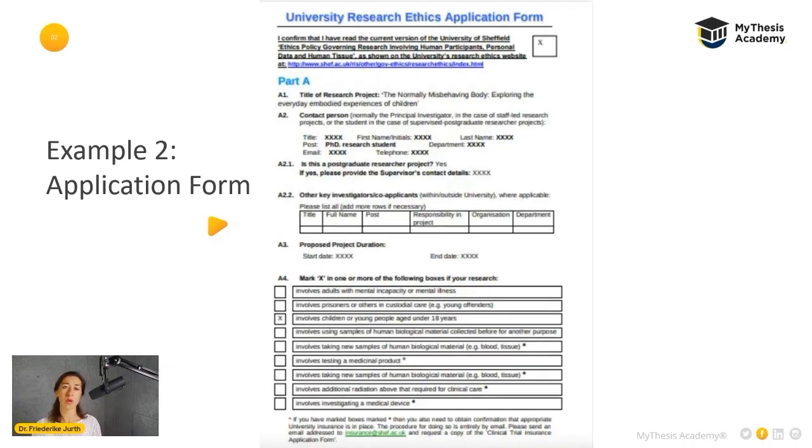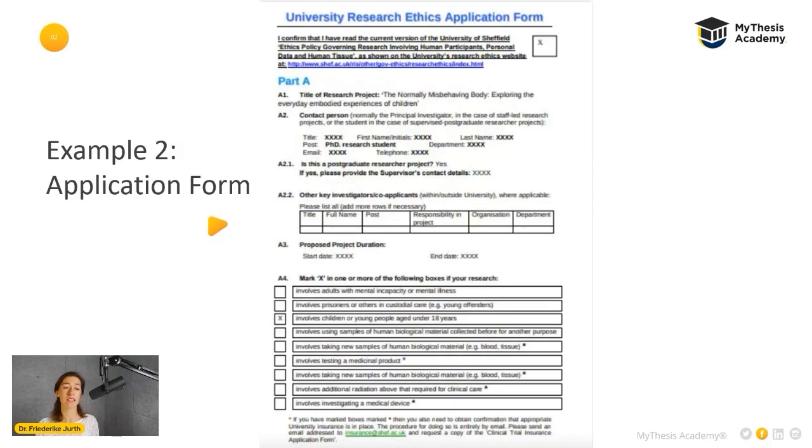I also will provide some further resources to give you other ideas of how these application forms and the research ethics form can look like, because it really can have different formats. And after all, I think that you have a clear idea of which type of information and which details should be provided to make it complete and convincing.